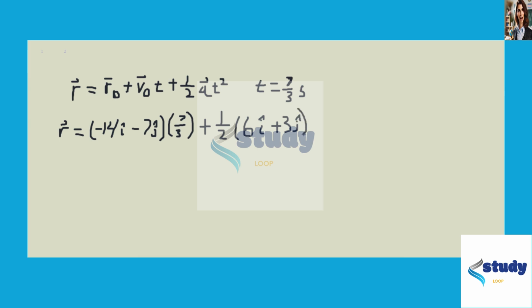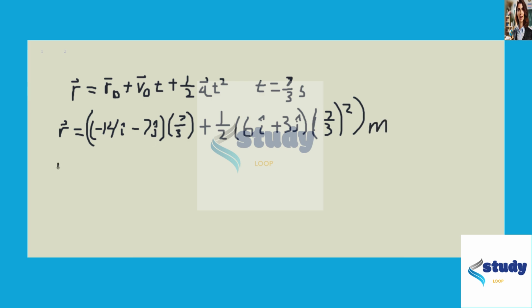And this is multiplied by the time squared, so this is 7/3 squared. And if you want to put parentheses around all of this and denote this as meters, that's a good idea, because that is the unit of the position vector.